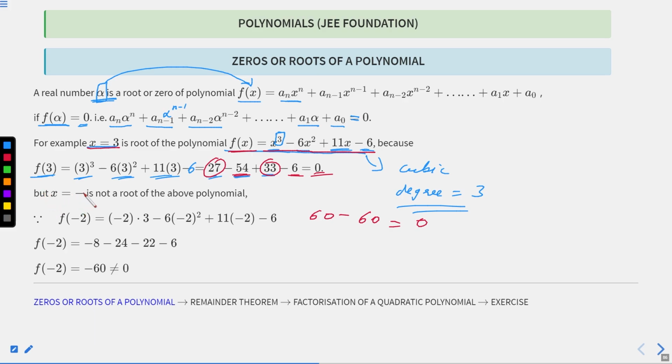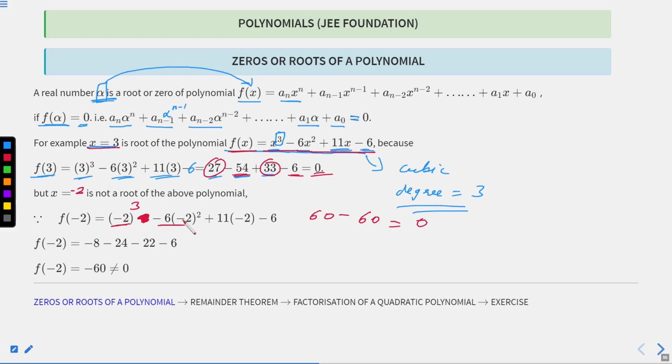If you consider x equals minus 2, let's see what will happen. By putting x equals minus 2, you will get minus 2 whole cube minus 6 times minus 2 whole square plus 11 times minus 2 minus 6. Now solve it. This will be minus 8.